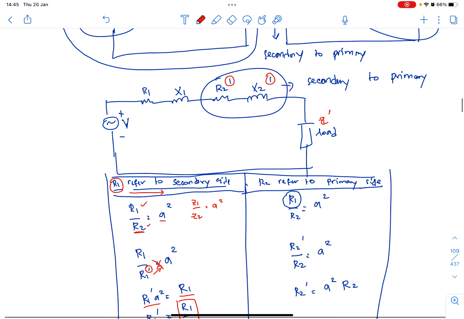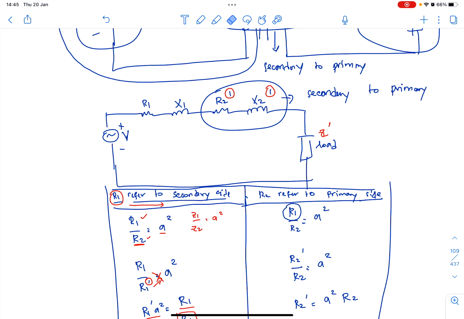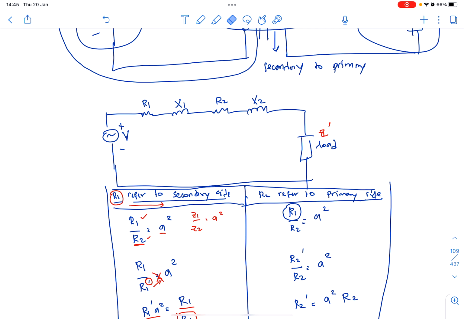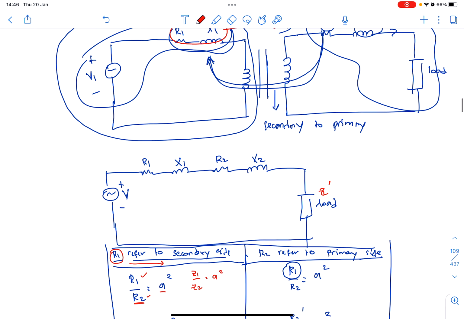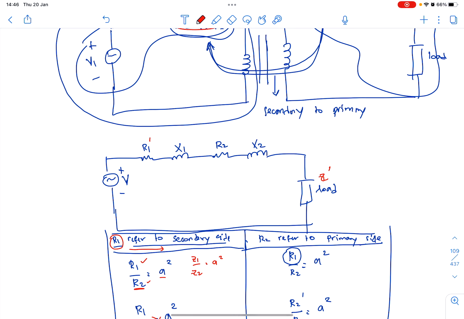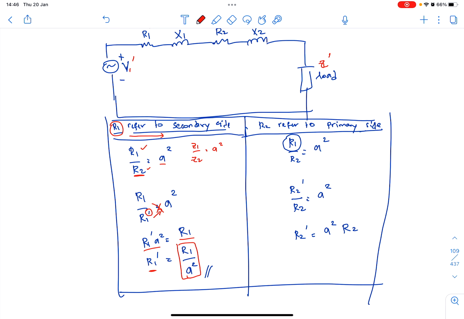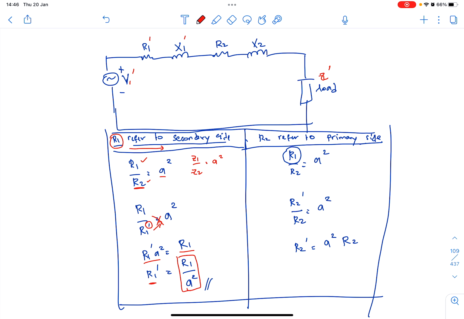So let's say for example di sini, you want to transfer this primary component to the secondary side. So you need to label this one R1 prime, X1 prime. So di sini R1 prime is equal to R1 divided by A square.